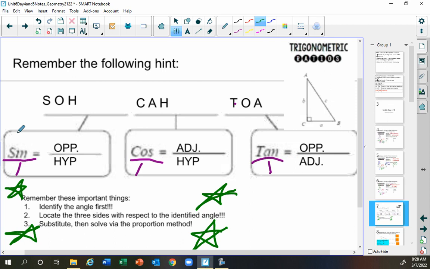And then from there, you're going to use the proportion method, because depending on what you're trying to find, you determine either your missing angle, or if you have the angle measure, the missing side.